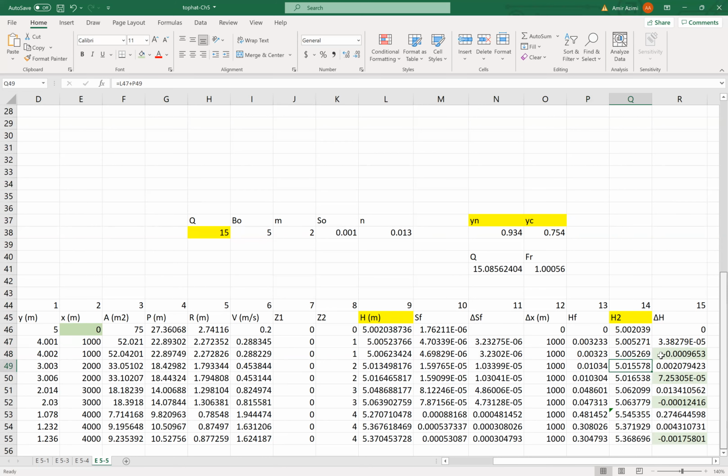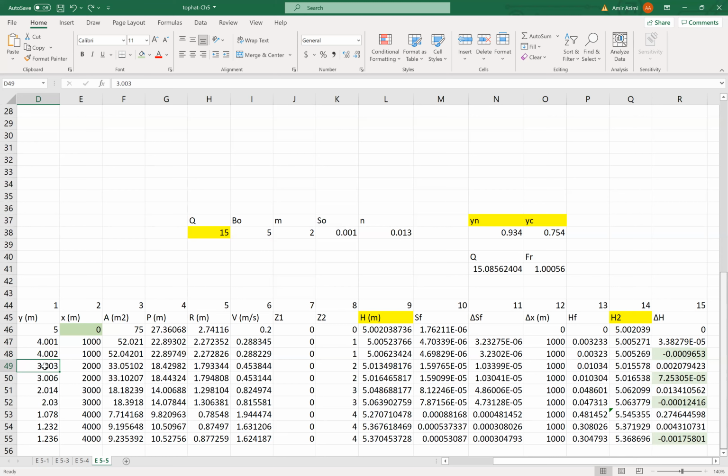And then you need to make sure that the difference is close to 0. In this case, it's actually 4 meters. Then in the next step, I use 3 meters as a value. If I change this value to, let's say, 3.5, then the difference is significant. We need to reduce this difference close to 0. So you do trial and error.